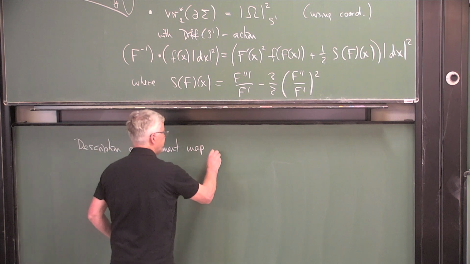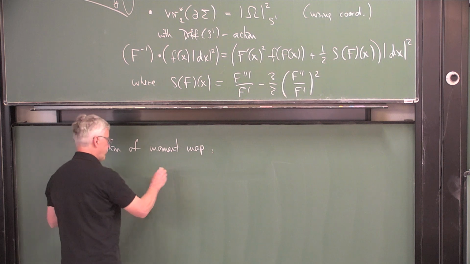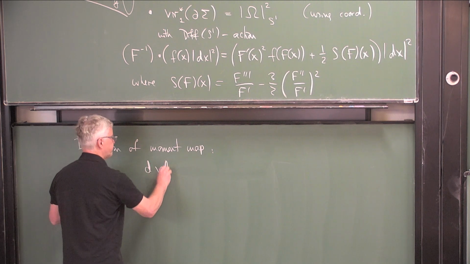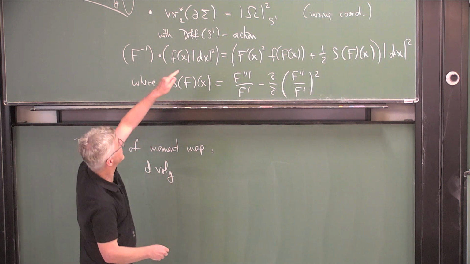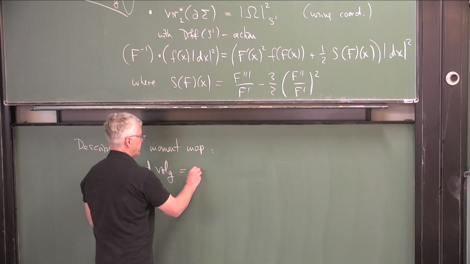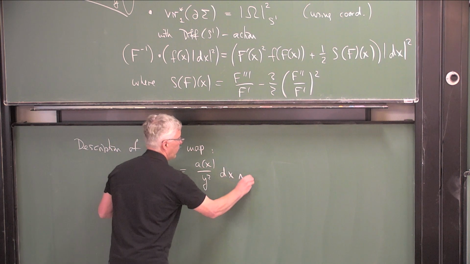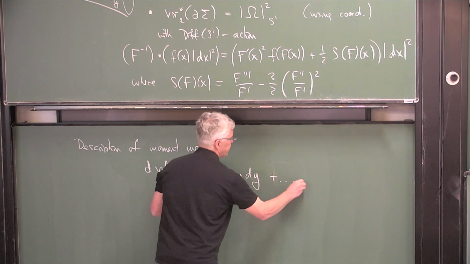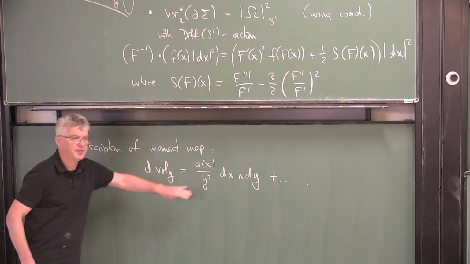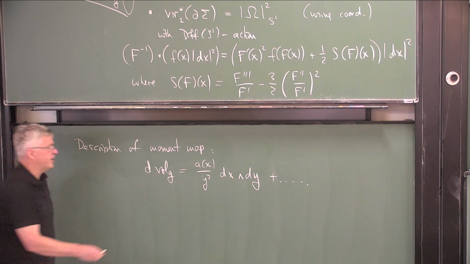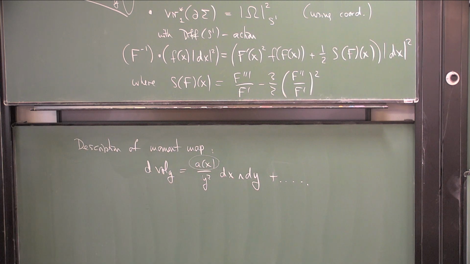So to describe it, I'm using my local coordinates, and I write the volume form first of all in leading order. Because the metric has this form 1 over y squared, it starts out something like a function over y squared dx dy plus higher order terms, more regular terms. So this is the most singular term of the volume form as you approach the boundary. This defines some function a of x. That's one ingredient we need.